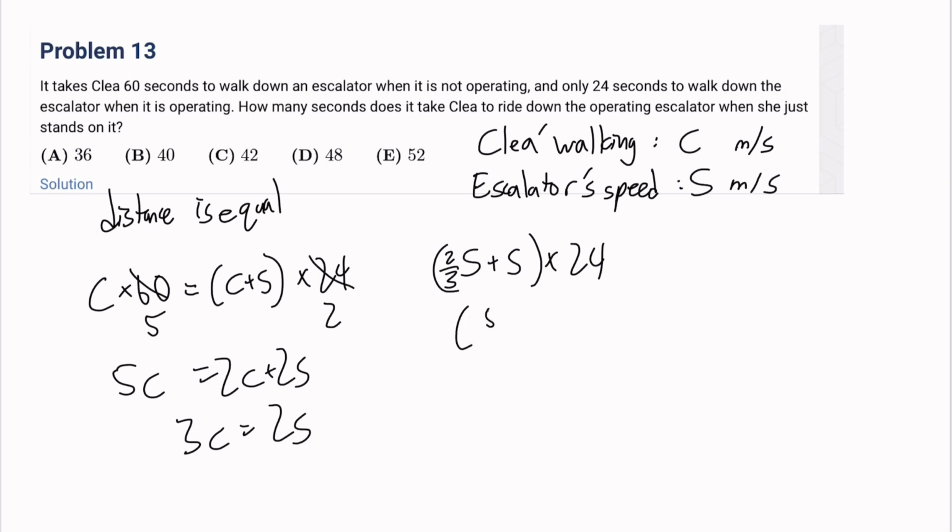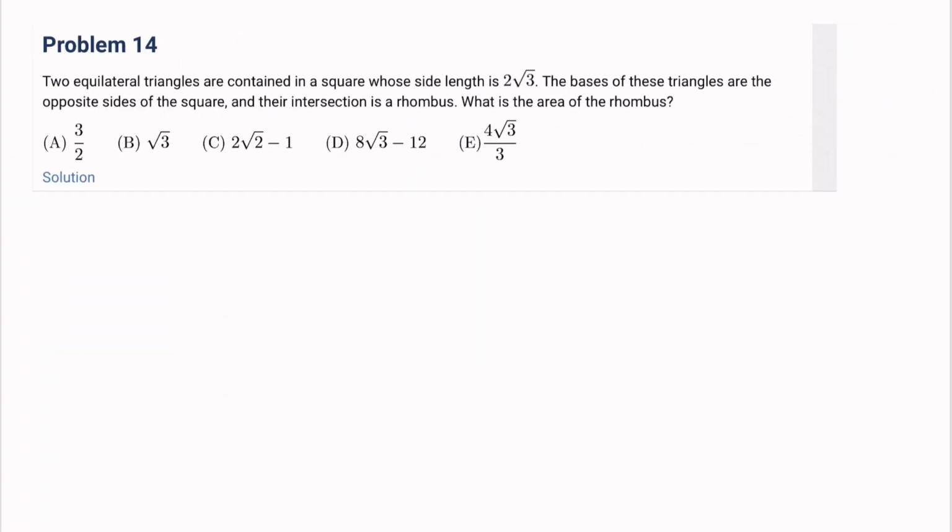And so this is 5 over 3 S times 24, which is S times 5 times 8, which is 40, right? So it's 40. So this is the value that we wanted. The answer is B.